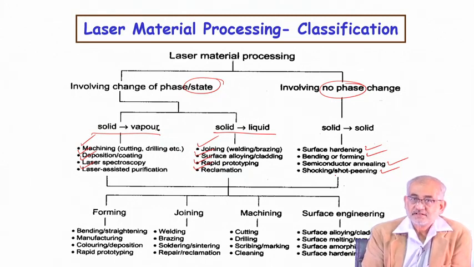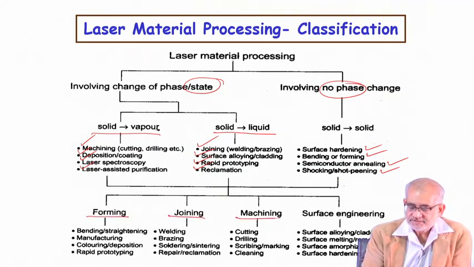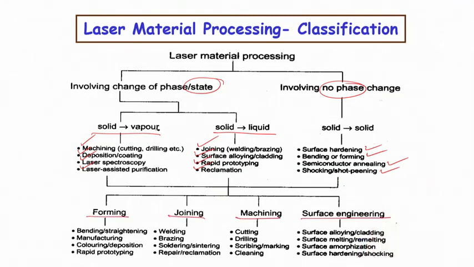To be more precise, for various forms of manufacturing applications, we should think of forming, joining, machining, and surfacing as the four major classes of laser material processing that are very routinely exploited in engineering.